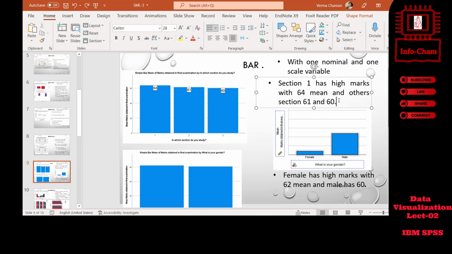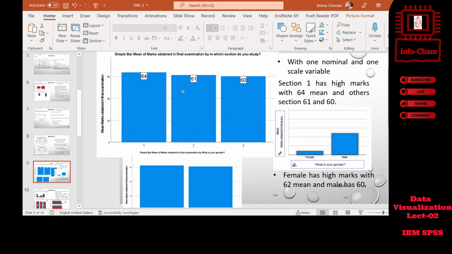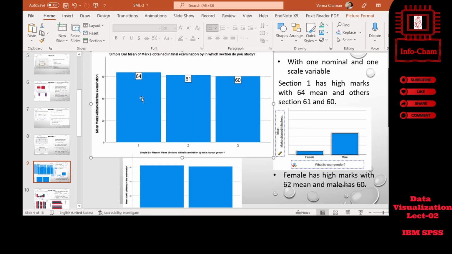And the others' average is very less. So I can have an idea: section 1 has very intelligent students, group A seems to be the intelligent students, right? And I can see a very low average for section number 3, group number 3, right?